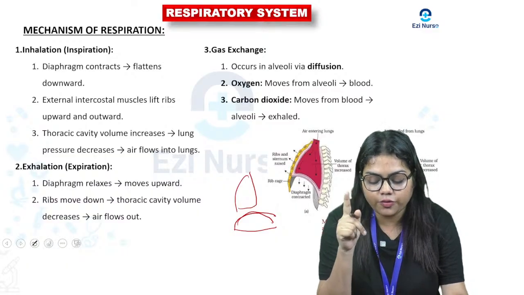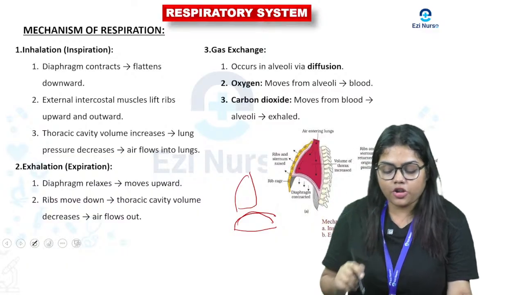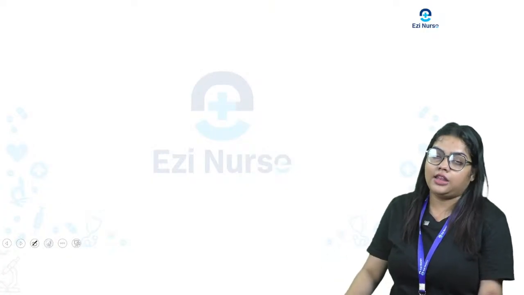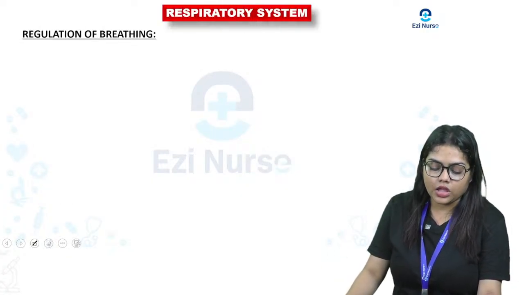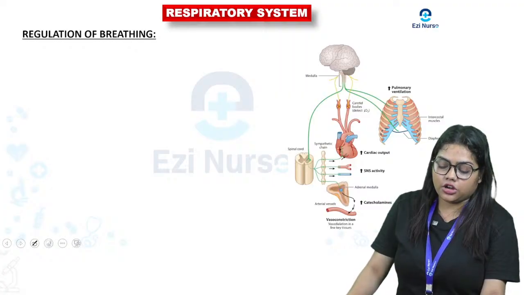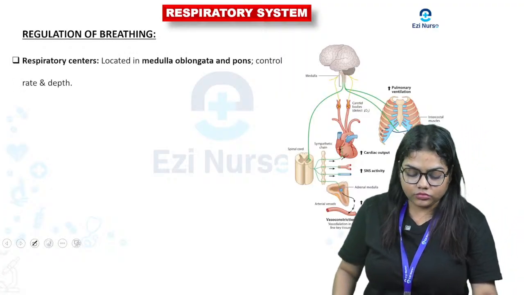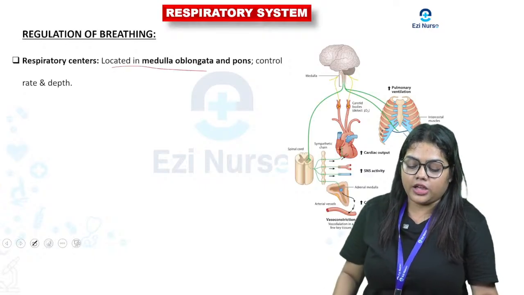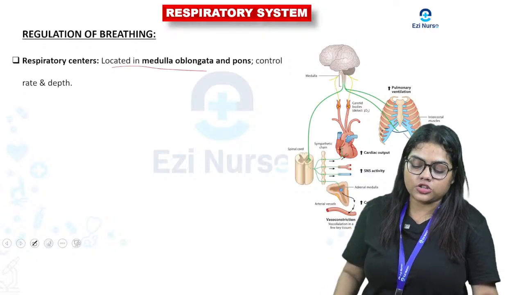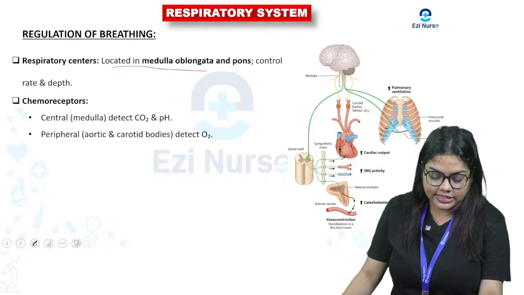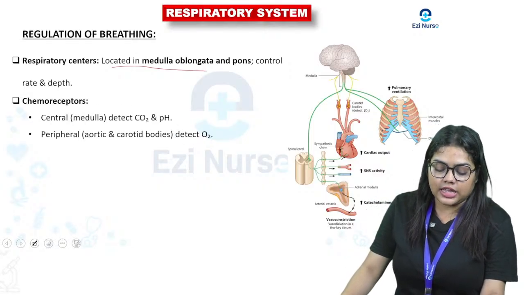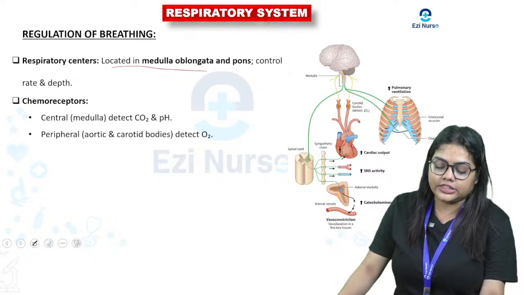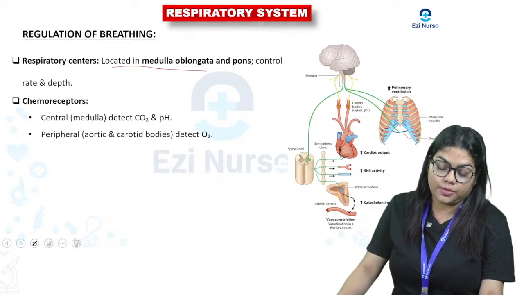Gas exchange occurs in the alveoli via diffusion. Oxygen moves from the alveoli to the blood, and carbon dioxide moves from the blood to the alveoli and is exhaled. So how does the regulation of breathing happen? First, the respiratory centers, located in the medulla oblongata and pons, control the rate and depth. The chemoreceptors, like the central ones in the medulla, detect the CO2 and pH of the blood.